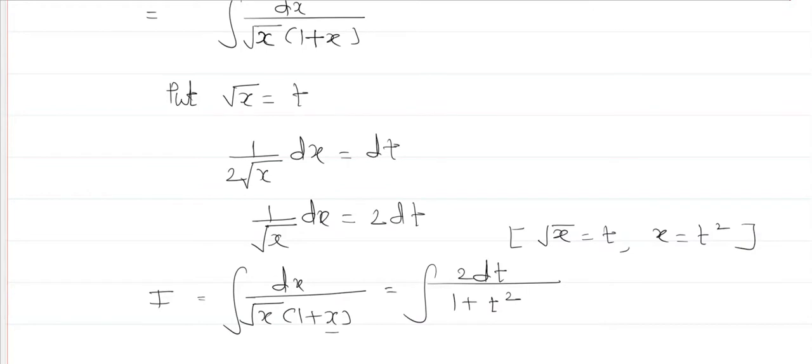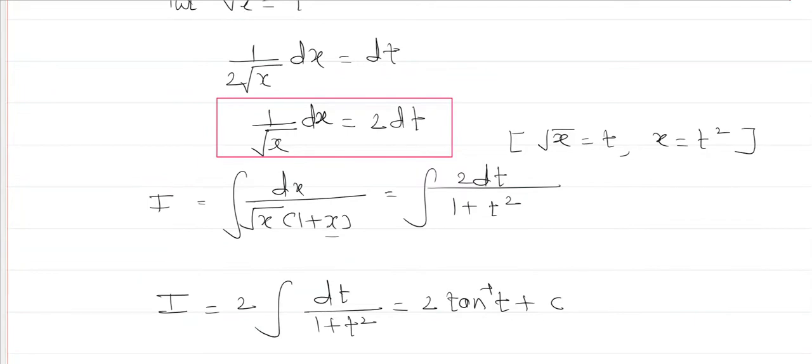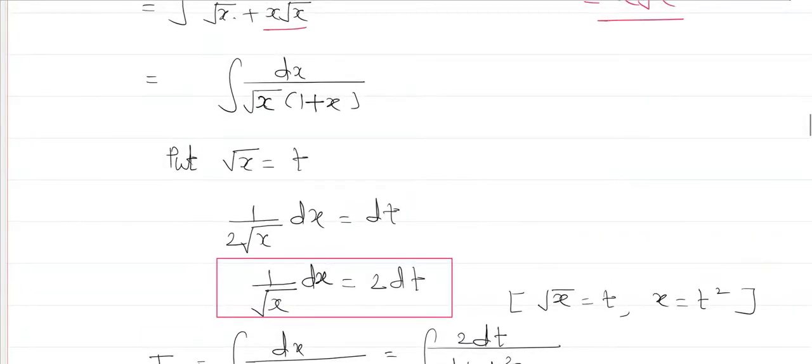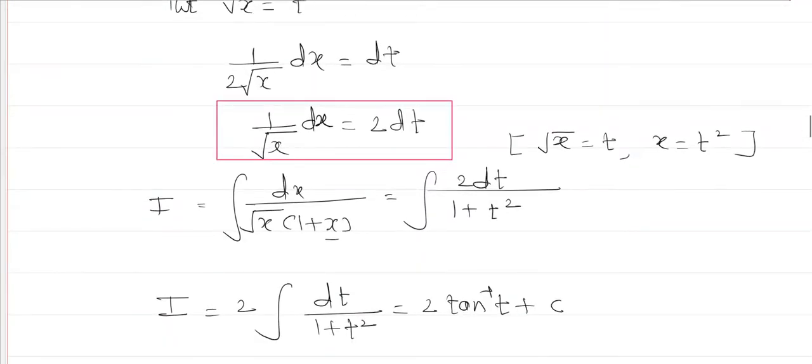Therefore dx upon root x is equal to 2 dt, as the 2 goes to the right-hand side. Next, here we have 1 plus x, and since root x is t, x is equal to t square.